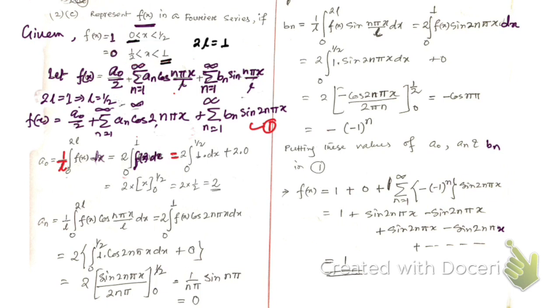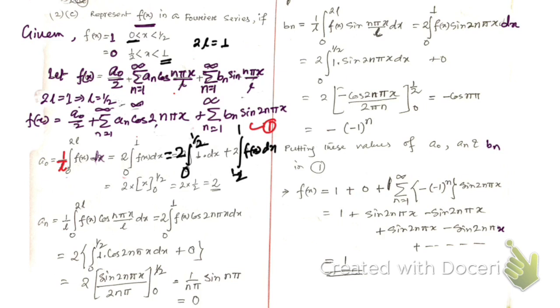So that's why we have expressed this integral like this: 2 into integration from 0 to half. Instead of writing 0 to 1, we have split it into two terms, 0 to half, then half to 1 of f of x dx.